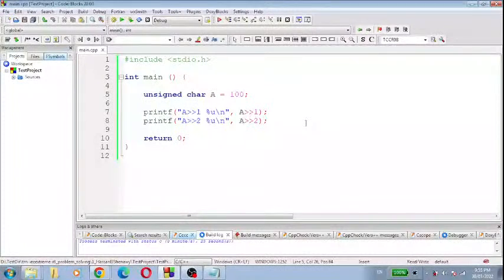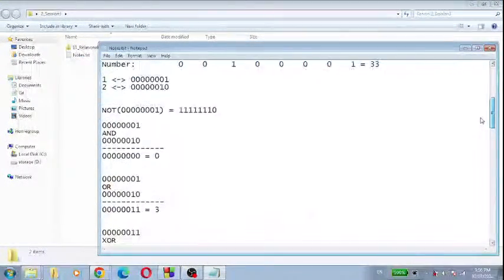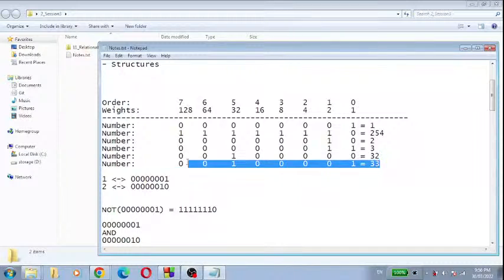Okay, the third note is that we are going to check if a number is odd or even. All the odd numbers have 1 on their last bit, the bit 0 actually. Let's take an example here. You see all of these numbers.